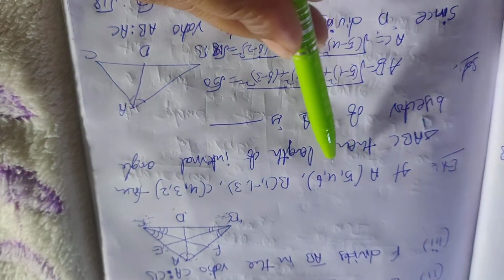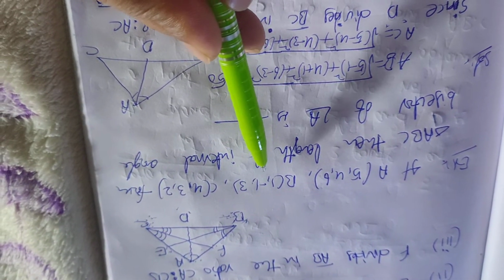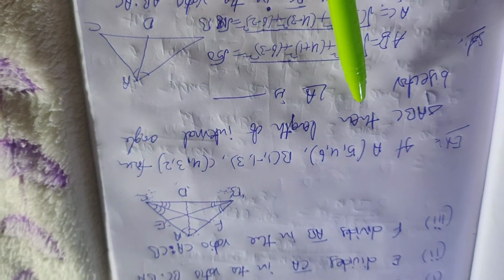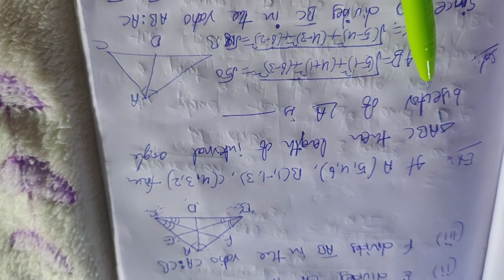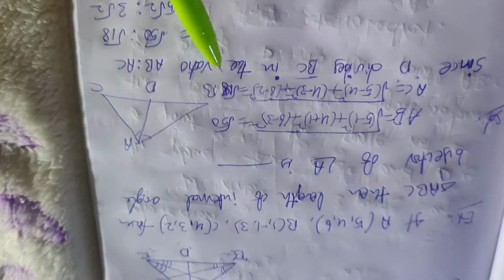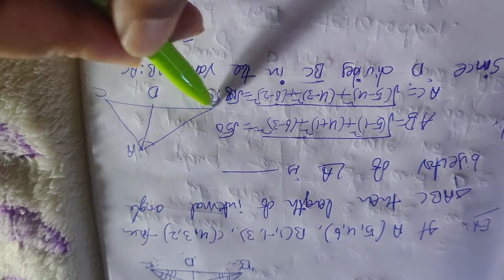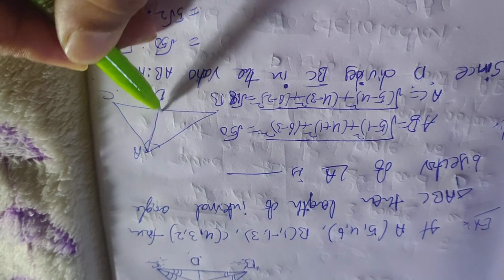If A (5, 4, 6), B (1, -1, 3), C (4, 3, 2) form a triangle ABC, then find the length of the internal angular bisector of angle A. Let us consider this is triangle ABC and we need to find the length of AD.